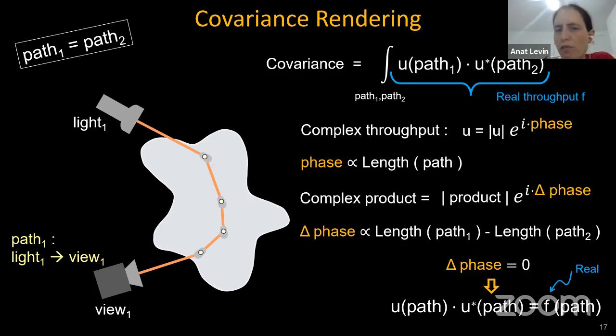Okay, so we said that the covariance is essentially the integral of contributions over all pairs of paths that we can have in the volume. So now, in order to compute the covariance, we want to sample many random pairs of paths. And for each of them, compute the contribution. There is a simple formula for this contribution, which we derive in the paper. We sample random paths, compute the contribution for each, and then average over multiple paths. And then we have some approximation to the covariance.